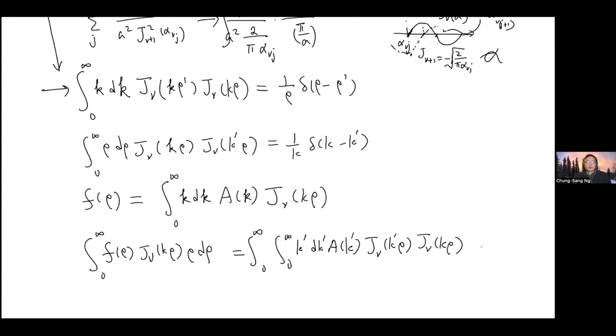Okay, and using this integral relation, this times that times rho d rho integrating 0 to infinity is 1 over k delta k minus k pi, right? So you can call it k pi instead of k, that doesn't matter, and cancel with this k pi. So that becomes 0 to infinity dk pi a k pi delta k minus k pi, which equals a sub k.